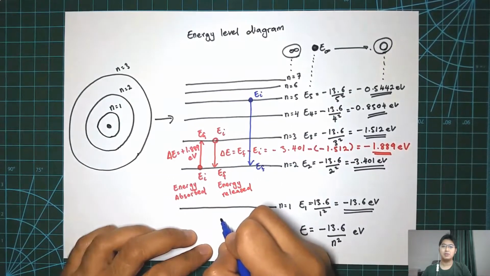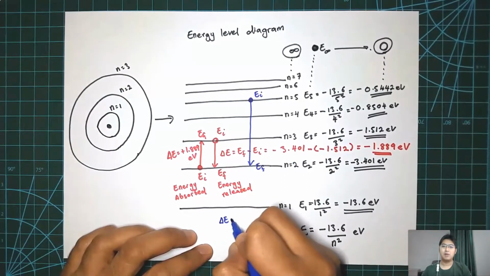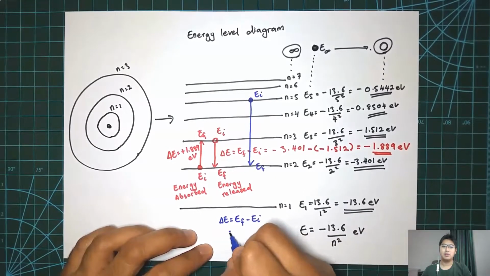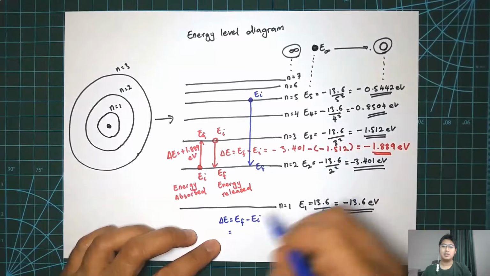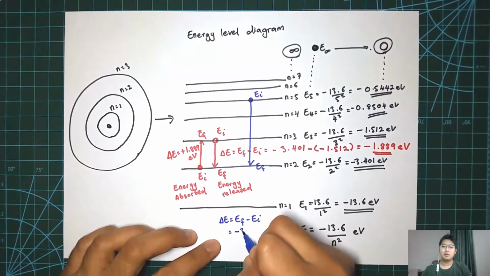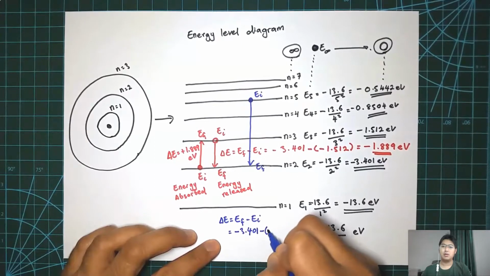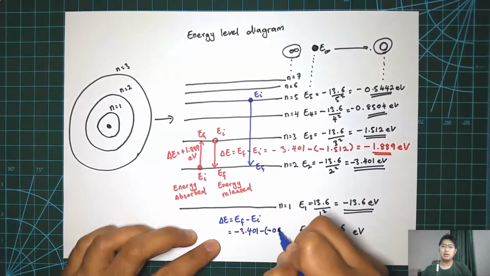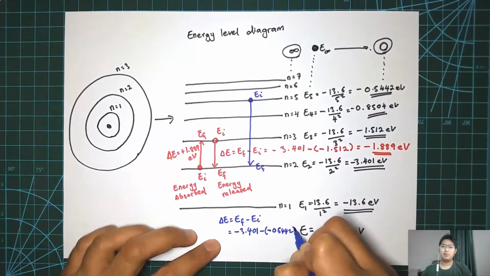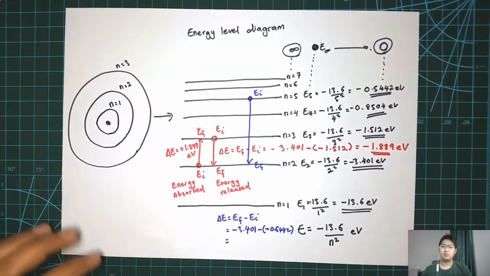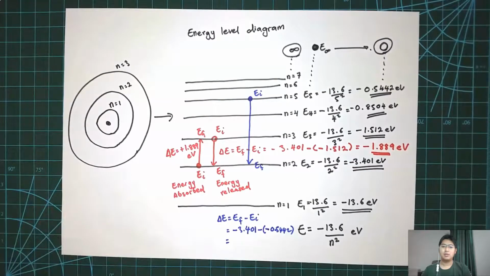For example, from energy level 5 to energy level 2. Always you need to find the change of energy, final minus initial. So the final energy equals negative 3.401 electron volt minus energy level 5, negative 0.5442 electron volt. Let me calculate first.